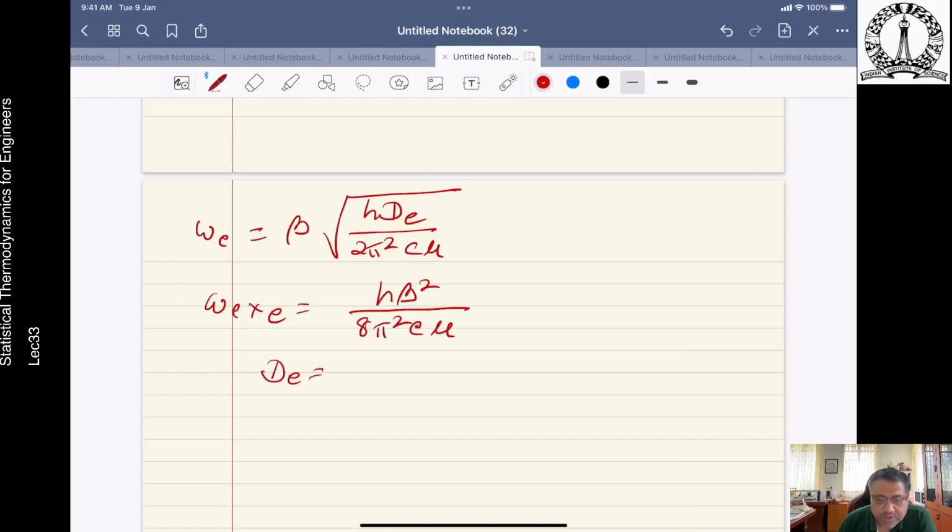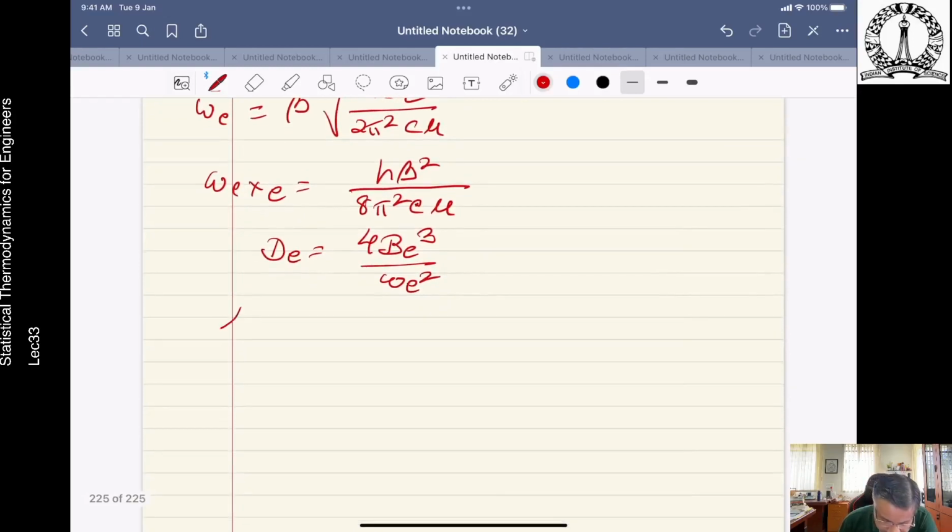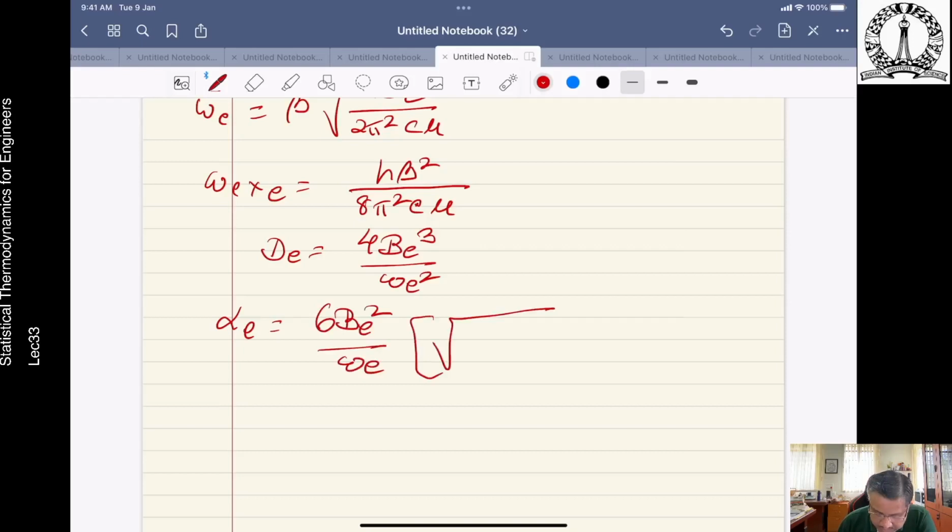D_e is equal to 4 B_e cubed over omega_e squared, and alpha_e is equal to 6 B_e squared divided by omega_e times (x_e omega_e over B_e minus 1).